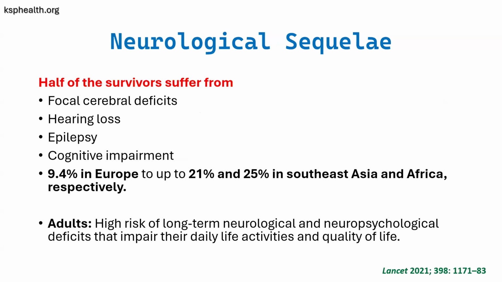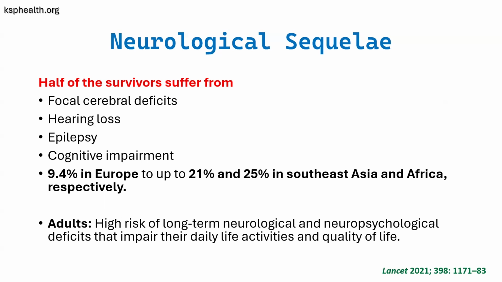Neurological sequelae from meningitis: half of the survivors suffer from focal neurologic deficit, hearing loss, epilepsy, cognitive impairment. Even the neurologic sequelae have a geographical difference. In Europe, the neurological sequelae is 10% versus almost a quarter of them, 21 to 25%, in Southeast Asia and Africa.